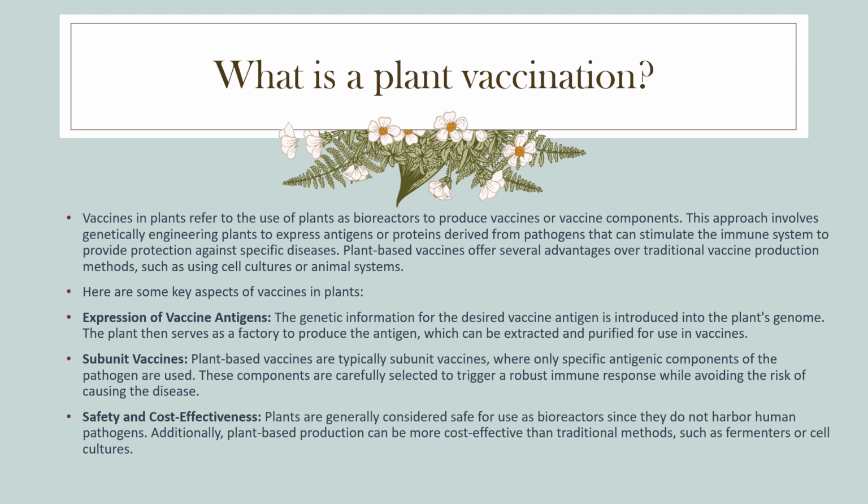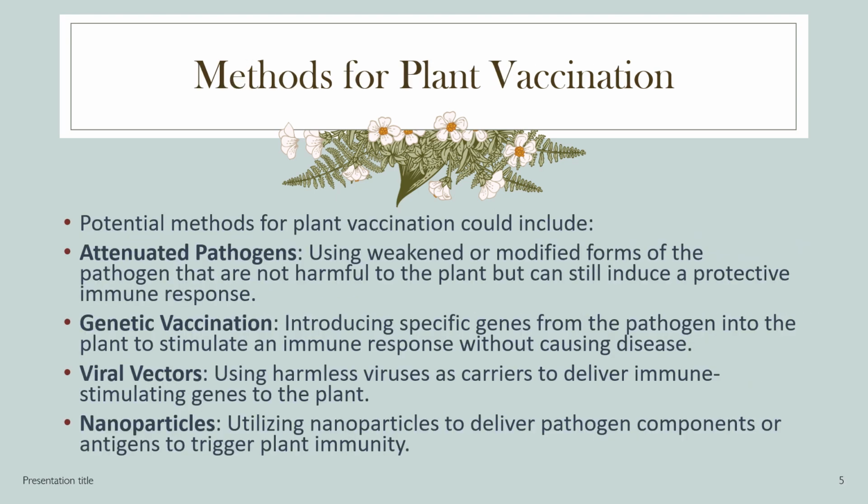Because plants don't have any human pathogens, they are considered safe for use as bioreactors. Furthermore, in comparison to traditional methods, plant-based production tends to be more cost effective since there's no need to buy fermenters or cell cultures.